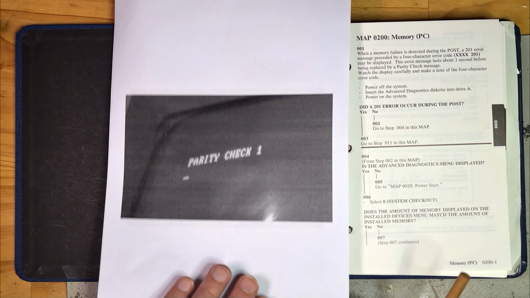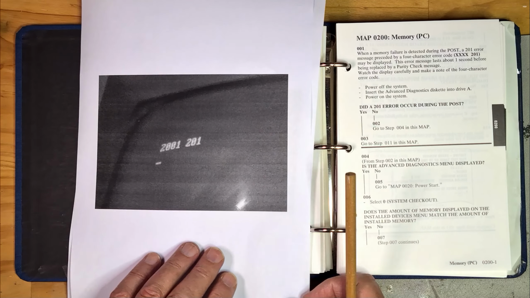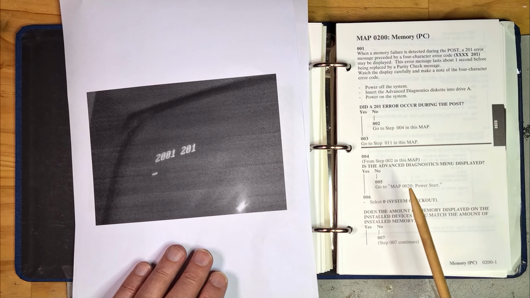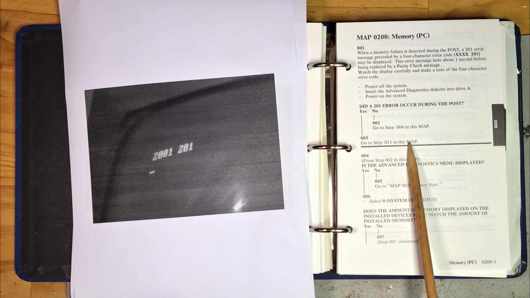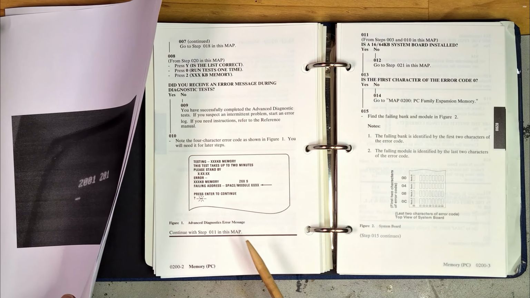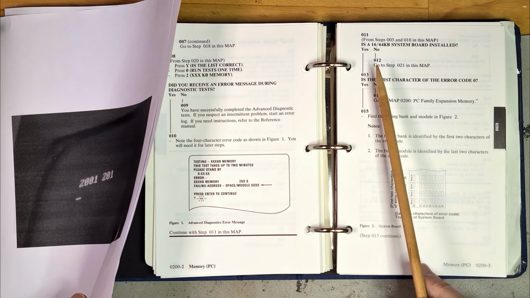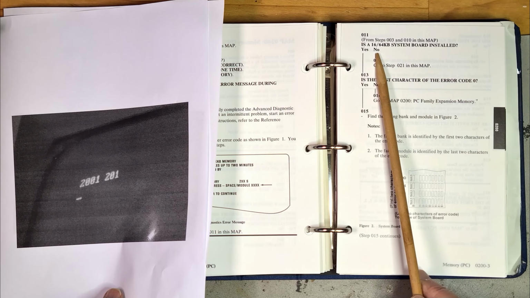Now we had the parity check message, but it was preceded by this message, 2001 201. Did a 201 error occur during the POST? Yes, go to step 11 in this map. So let's go to step 11. Step 11, from step 03 and 10: is a 16-64 kilobyte motherboard installed?